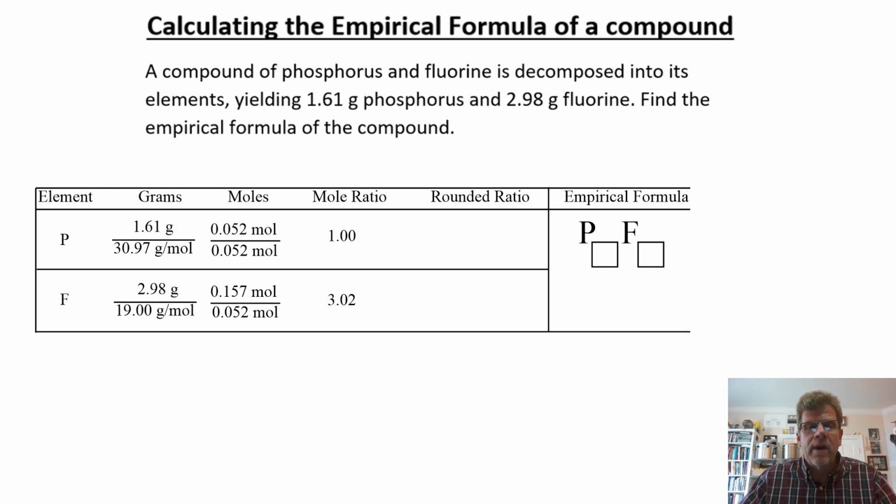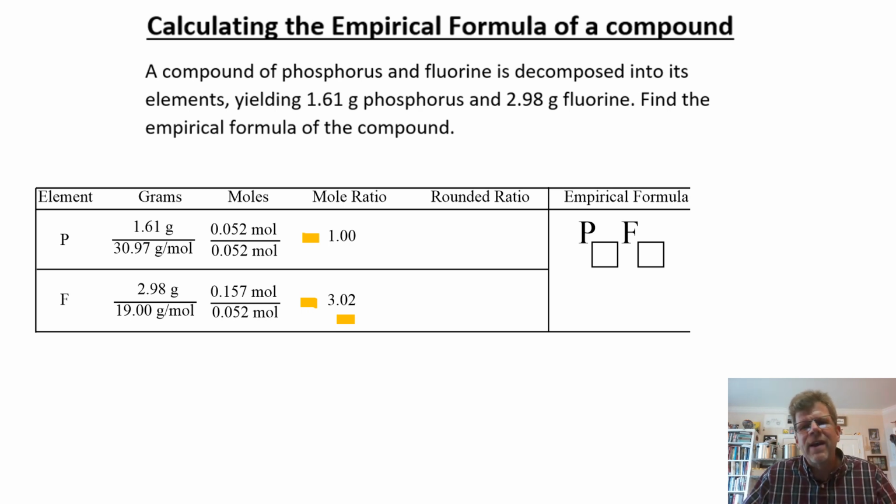If we do that, we come up with this mole ratio that is more equalized towards nice whole numbers. We get exactly 1, which makes sense because any number divided by itself is 1. And the next one we have is 3.02. So let's think about this. This is the result of experimentation, of data from a lab. So we can make the assumption that this 0.02 on fluorine's mole ratio, so close to 3, is probably the result of human error.